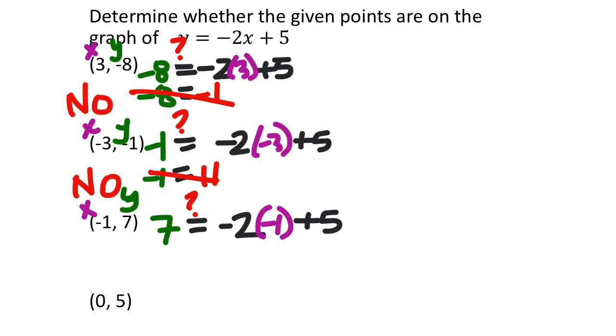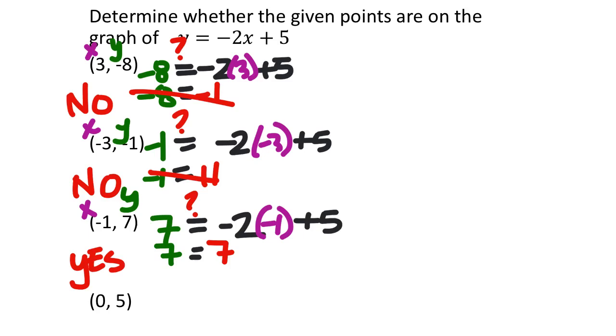And again, another question mark, so I don't know if these are equal yet. 7 is just 7, that's pretty nice. And eventually, yeah, you may have to do some work on the left side, but that's okay. And over here, I got -2 times -1, which is 2. 2 plus 5 is 7. This one is a true statement. So -1, 7 would be on the graph of y equals -2x plus 5.